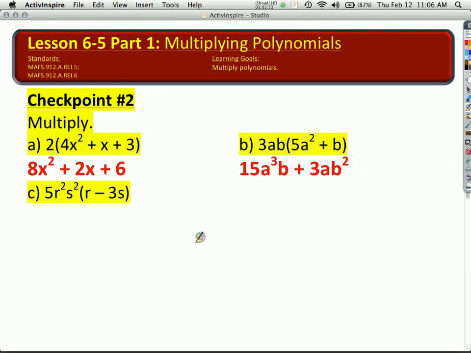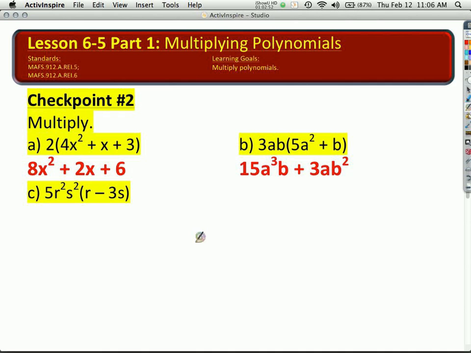And part C, I got student number 8 and student number 12. Student number 8. Hurry up. I'm going to come back to you in a moment. Student number 12.